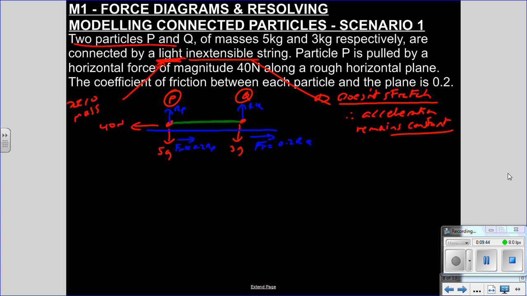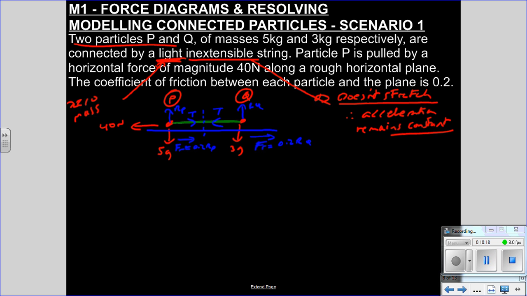The string's trying to keep itself together, whereas the two particles are trying to stay where they are. So if one of the particles is moving, the string is trying to keep together, which is where you get tension. So tension is when the string is trying to keep itself together, keep it towards the middle, so it doesn't stretch and break, right? So tension, you've got this little dotted line, always goes towards the center, between the two particles.